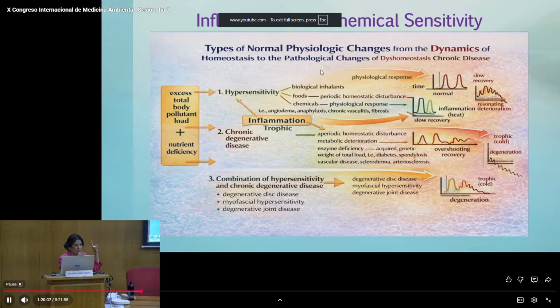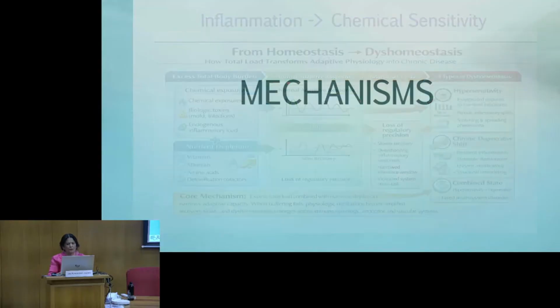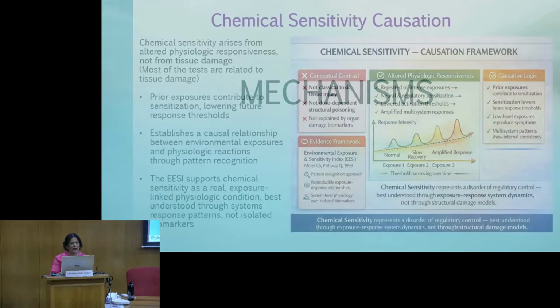So no matter what we are talking about, inflammation is at center stage of this disease, and it may manifest as a hypersensitivity or chronic degenerative disease or combined hypersensitivity, where one may develop degenerative disc disease or joint disease, and finally one may develop a fixed-name disease like kidney failure or chronic heart disease or chronic vascular disease. And so now let's look at the mechanisms.